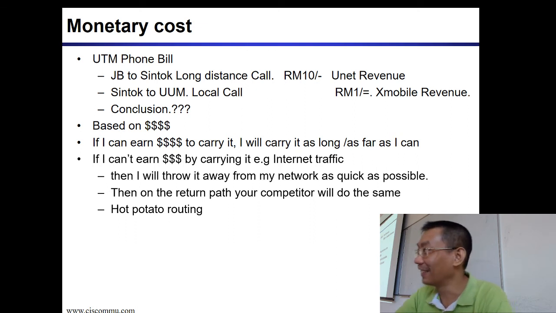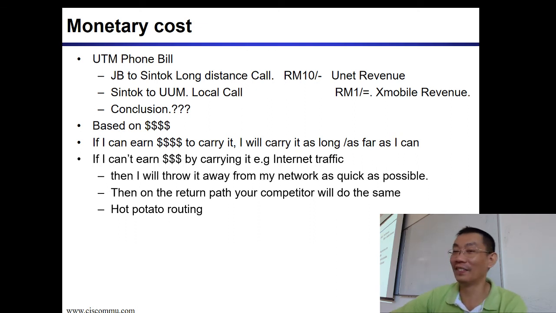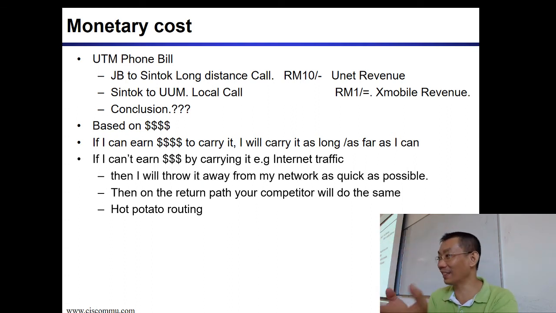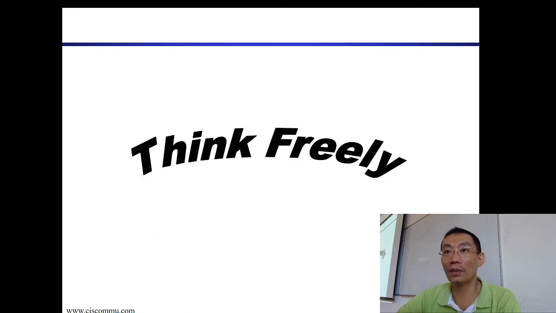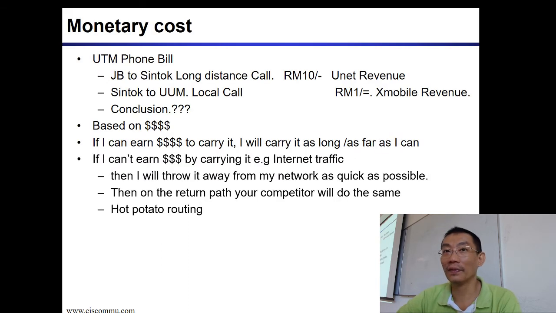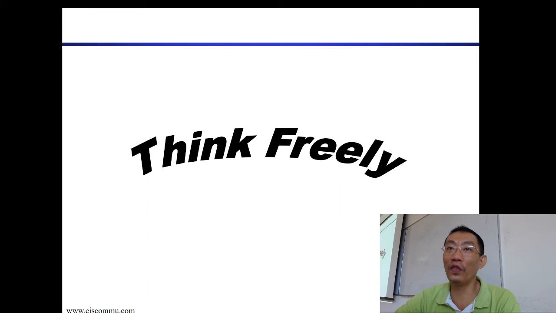So you call it hot potato routing. What happens when you get a hot potato? Throw it away. Then another person gets it, and they throw it away. So this is hot potato routing.